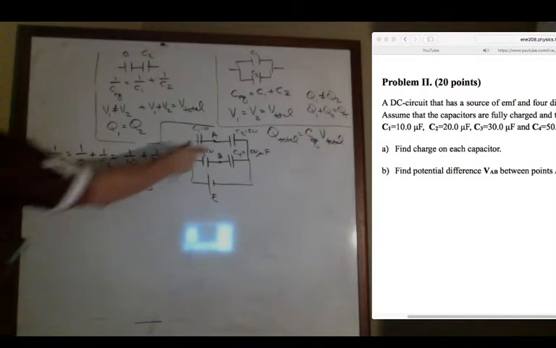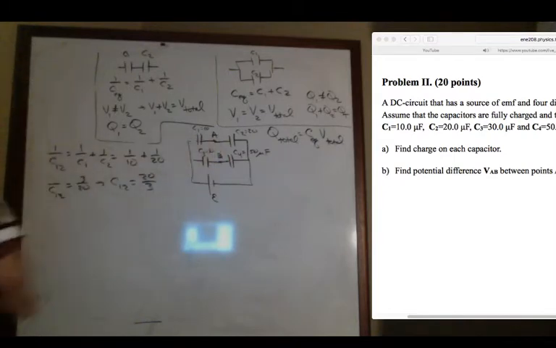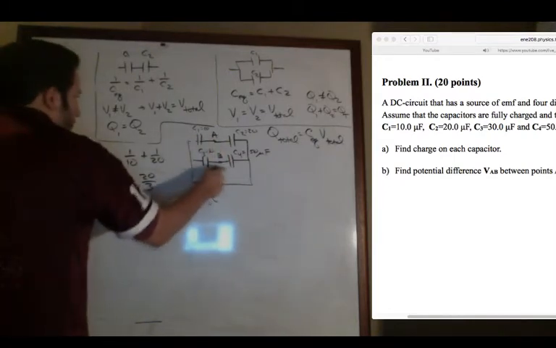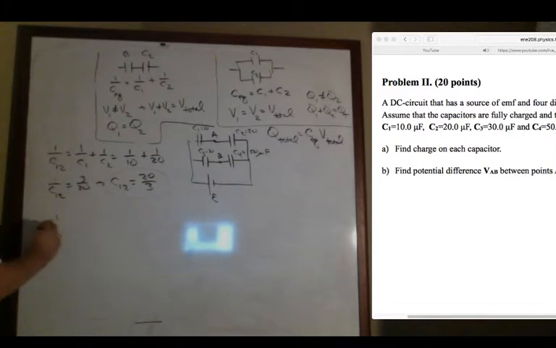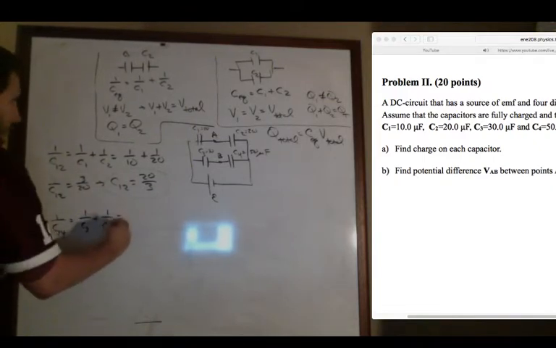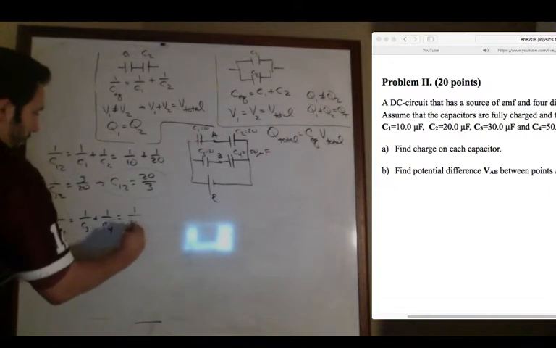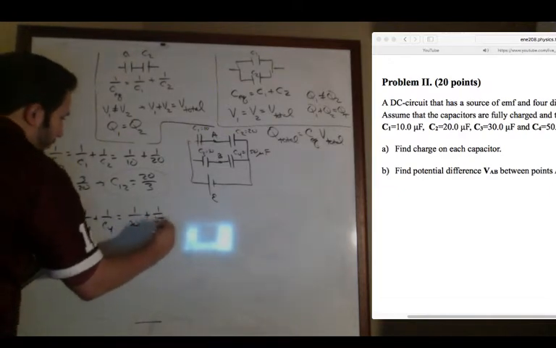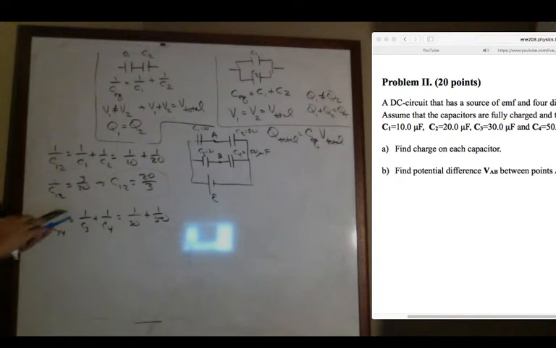That way I can basically treat these now as just two capacitors. So I'm going to find C34. So 1 over C34 is equal to 1 over C3 plus 1 over C4, which is going to be 1 over 30 plus 1 over 50. This is where a calculator definitely comes into play.